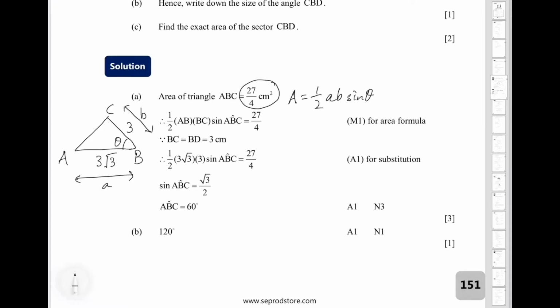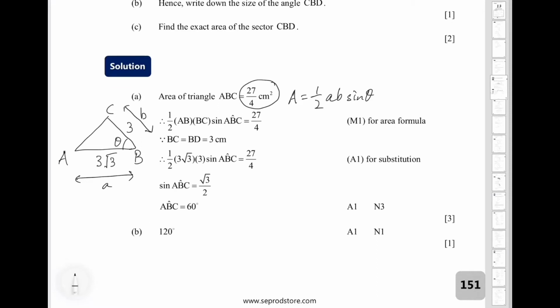Then we can use 1/2 times the length AB times the length BC times sine angle ABC will be equal to 27/4. As we are given that BC and BD will be the same due to the nature of the radius, therefore we will have BC equals to 3 as mentioned before. So we have 1/2 times 3√3 times 3 times sine angle ABC, which will be equal to 27/4.